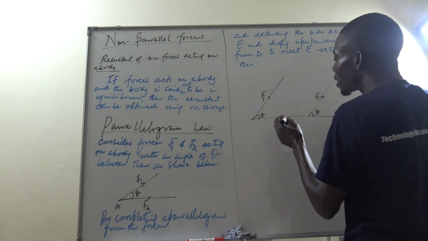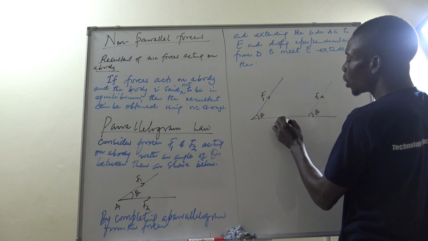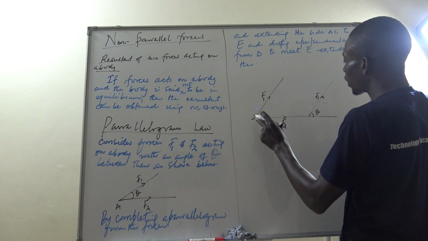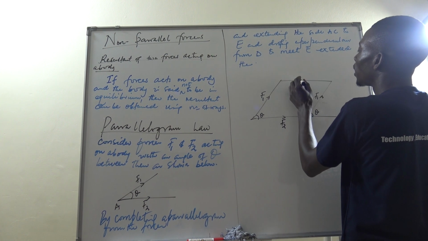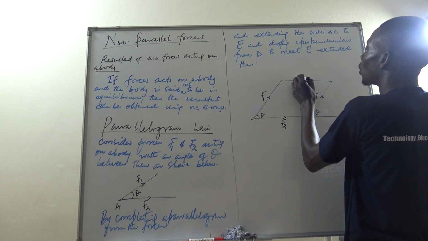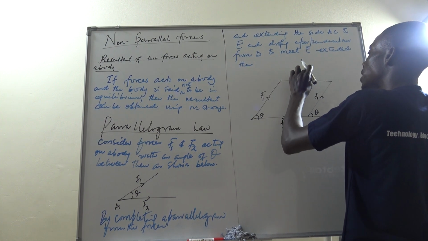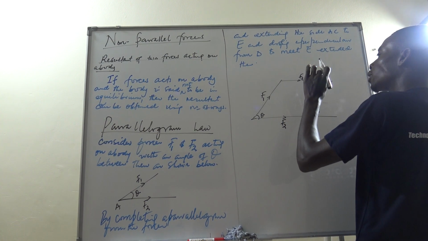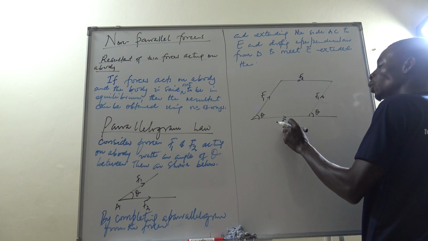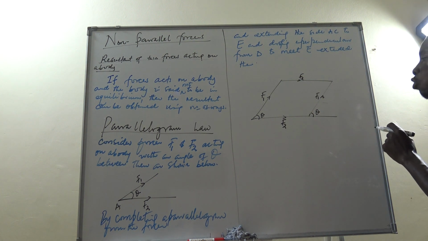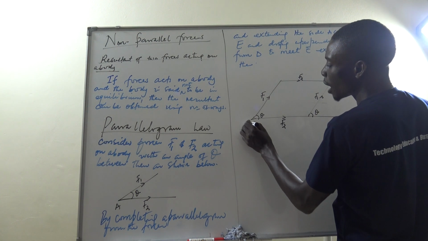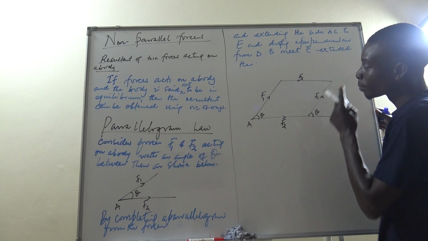And I can do the same thing to this one, which was F2 horizontally. I can also draw it here as F2 horizontally. This is the same as that because I've maintained the direction and magnitude. Here it was F2, here I'm still calling it F2. And this side here can be now my A, okay?